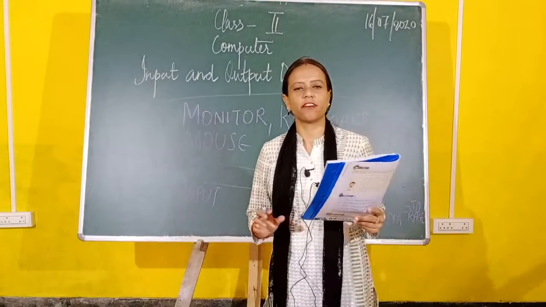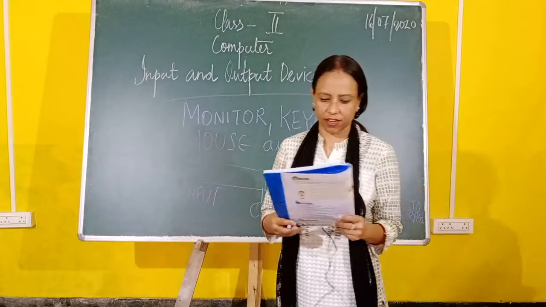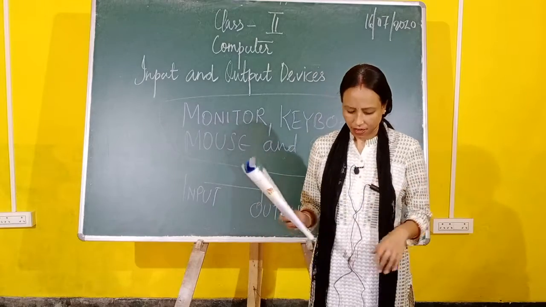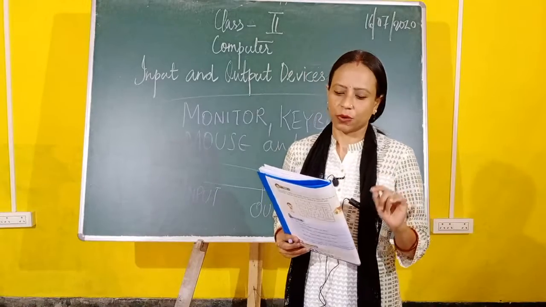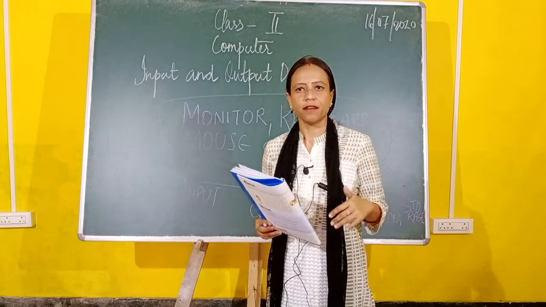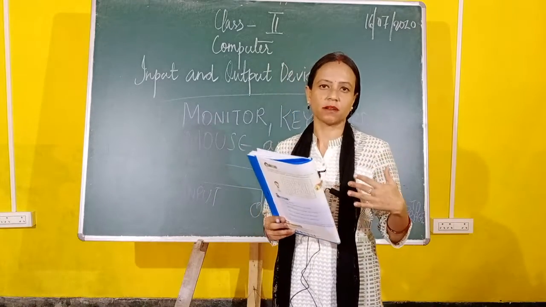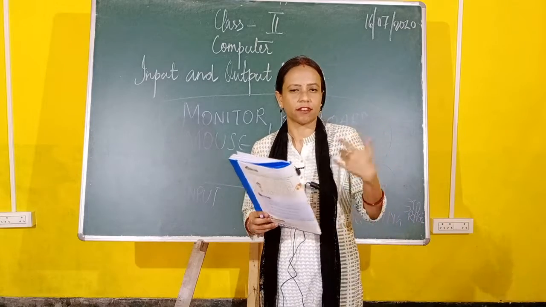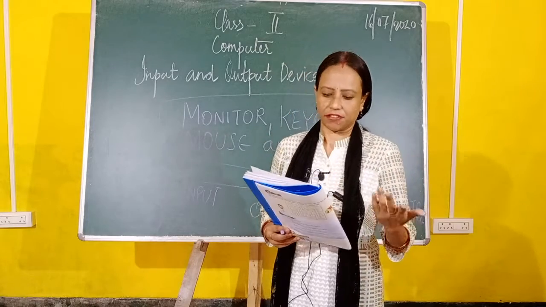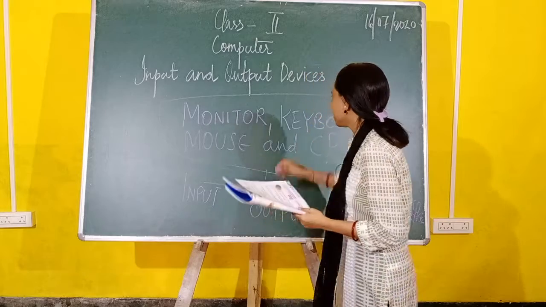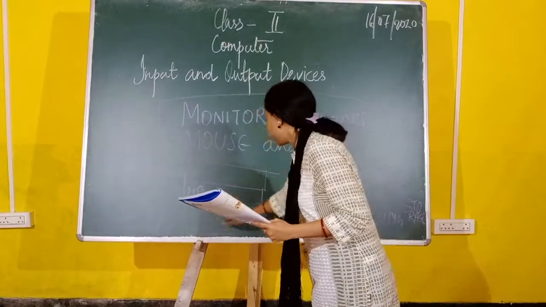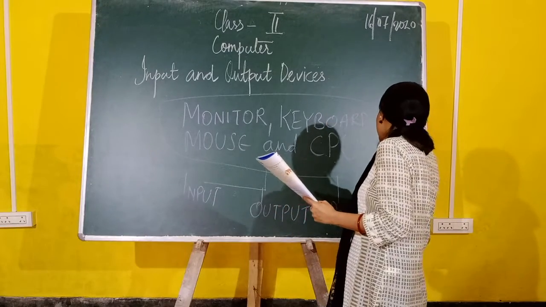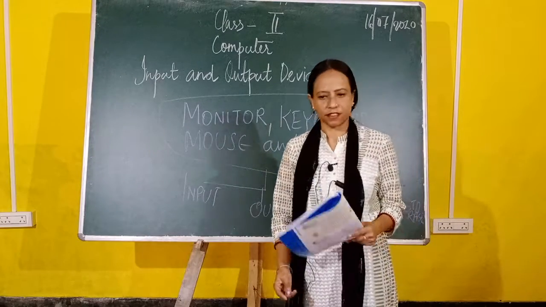What is the meaning of a device? Device means machine. When we talk in computer language, our language is a bit different from our common English language. Usually we say machine, but in computer language, we say it's a device. So these 4 main parts of a computer are again divided into input, output, process and storage devices.